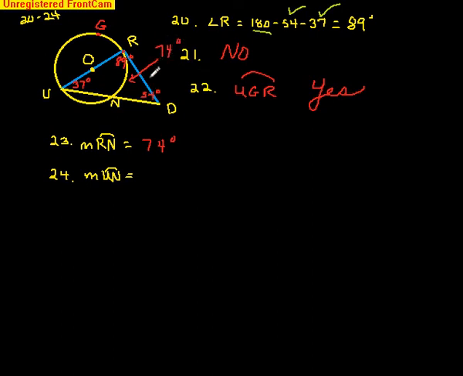Hopefully this is all making sense. There's not a lot of new information here. And then finally we need the measure of UN, this arc right here. This is a semicircle right here.